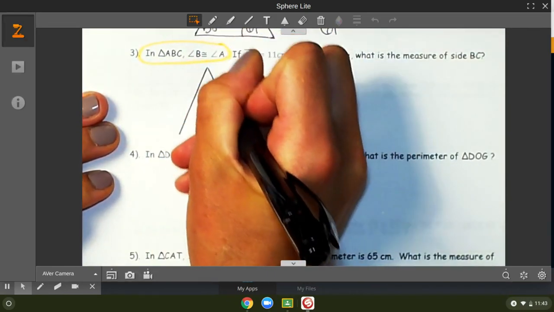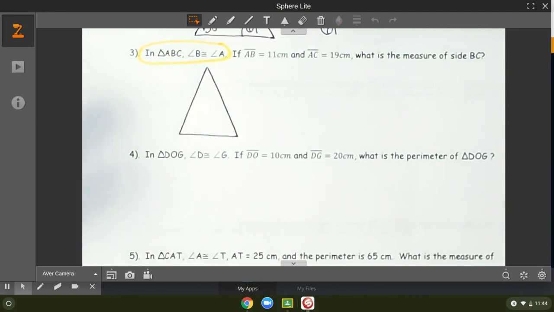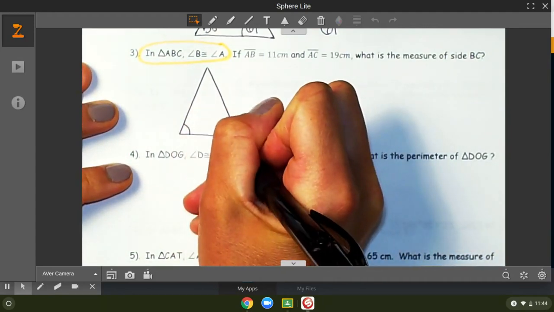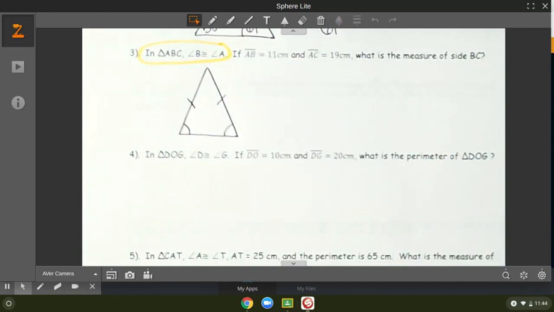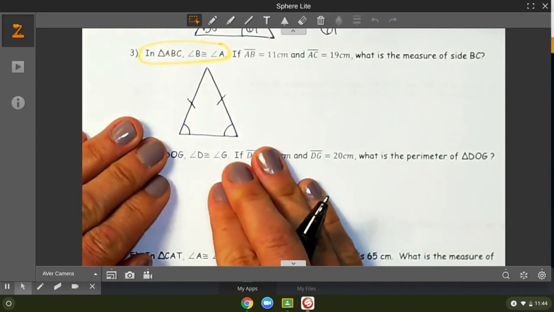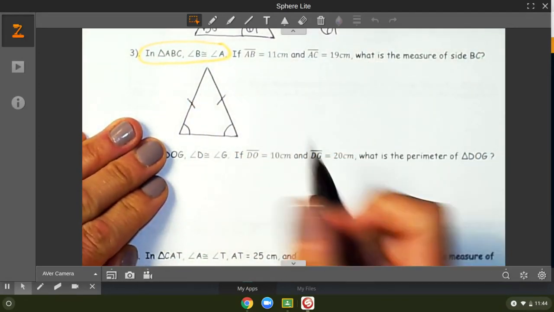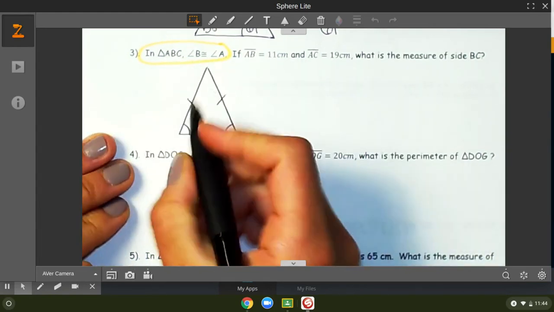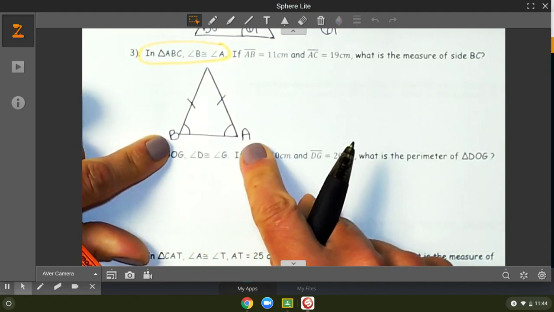So before we do anything else, I want to put into my picture as much detail as possible. I know it's isosceles, so it has 2 equal angles and 2 equal sides. We mark everything. So now that we have all the details in the picture, let's reread it and start marking. So we have B is equal to A. So that means angle B and angle A have to go where your congruent angles are.